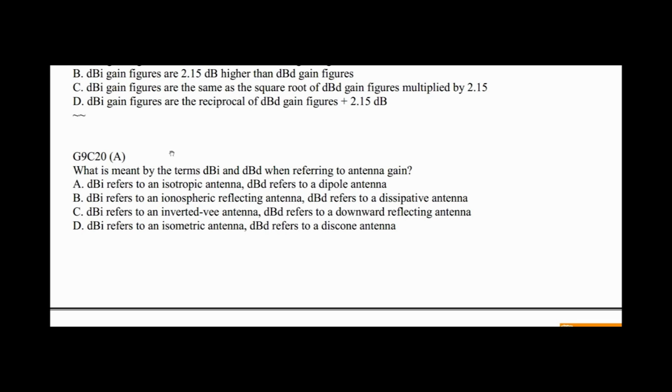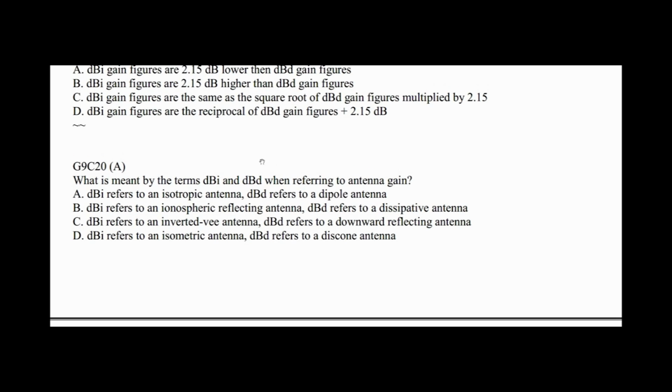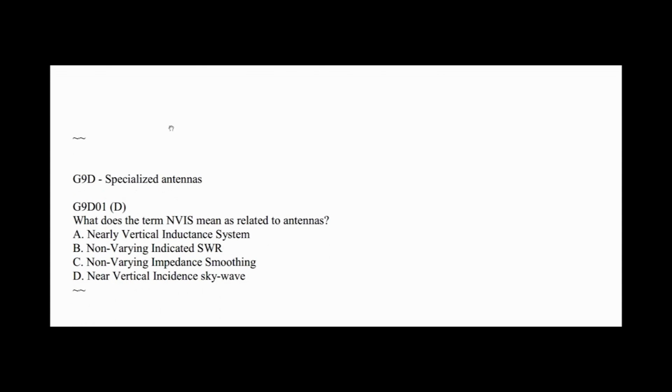G9C20. What is meant by the terms dBi and dBd when referring to antenna gain? Isotropic and dipole. So it's A. dBi refers to an isotropic antenna. dBd refers to a dipole antenna. Isotropic radiator.